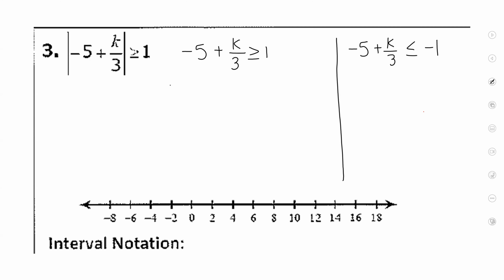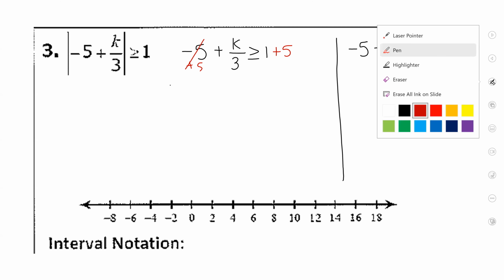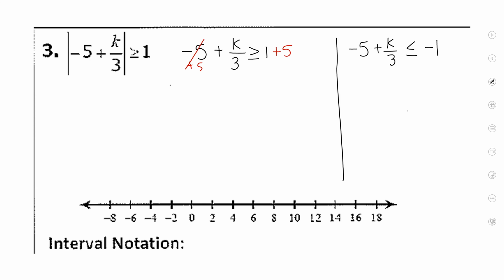So first, I'm going to add 5 to both sides. Some of you guys are used to seeing a +5 and then crossing it out. You can do that step. So now I'm left with k divided by 3 is greater than or equal to 6.